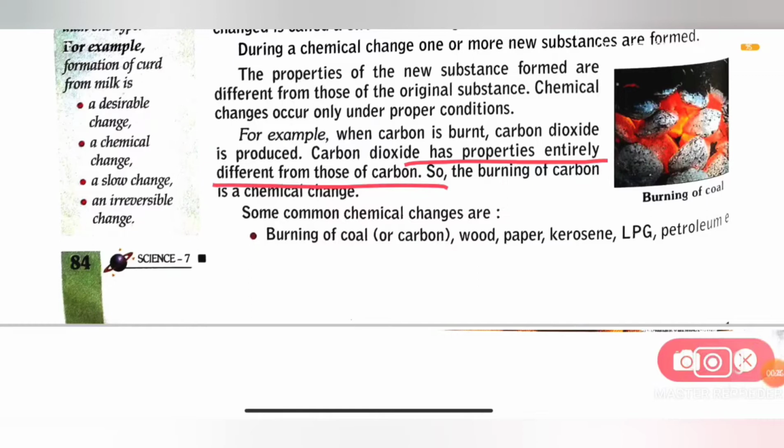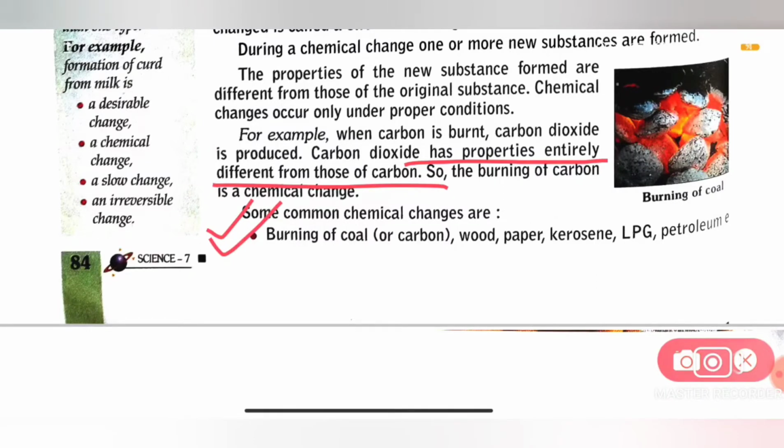So burning of coal or burning of carbon is also a chemical change. So we can see that in chemical change new substances are formed, and they have completely different properties than those of the original ones, and also we have to give some energy in the form of light or heat. Now let's learn about some examples of chemical changes.